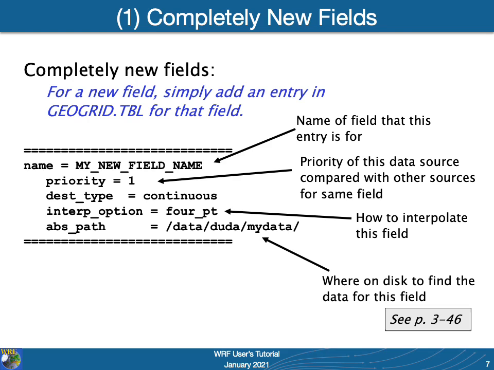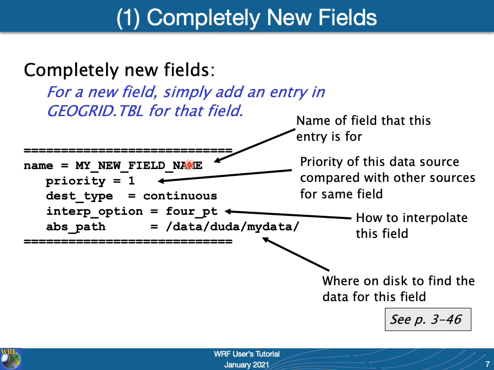So if our new data set falls under the first category, a completely new field, then the thing that we need to do is to edit the GeoGrid table and add a completely new entry. The important keywords to specify in the new entry, firstly, are name. So we need to give a name to the field that will be produced in the GeoGrid netCDF output. In this case, we've called it my new field name, but you should choose something better.